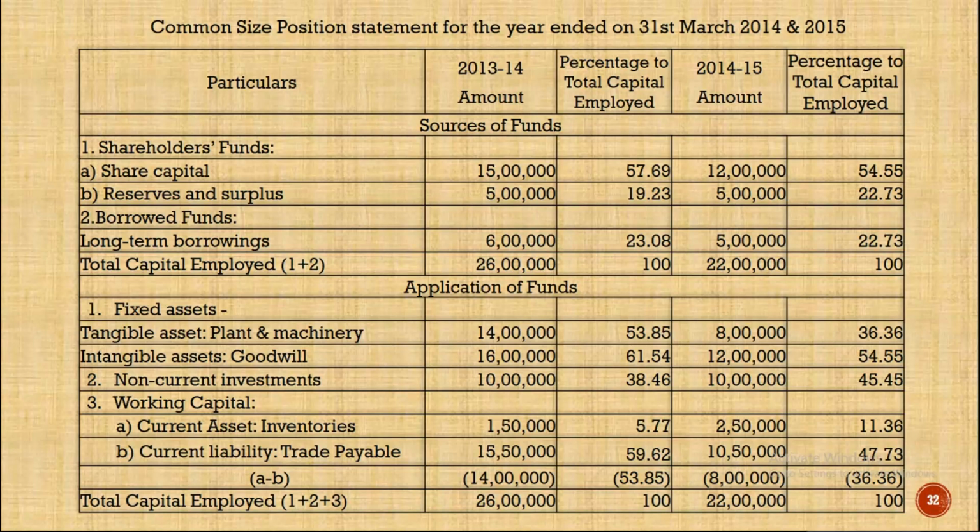Let us see the common size position statement. The balance sheet statement is also called the position statement. So here, this is for the years ended on 31st March 2014 and 2015. Same columns you can see here: particulars, the amount column of 2014, next is percentage to total capital employed, which is the base for calculation.